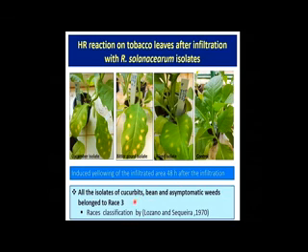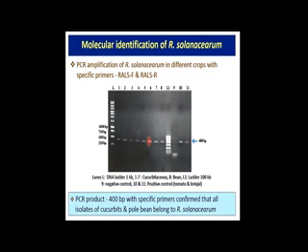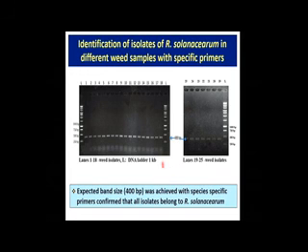And coming to the molecular identification, the PCR product of 400 bp with specific primers confirmed that all isolates of cucurbits and pole bean belong to Ralstonia solanacearum. And the identification of isolates of Ralstonia solanacearum in weed species with primers confirmed that all the weed isolates belong to Ralstonia solanacearum.